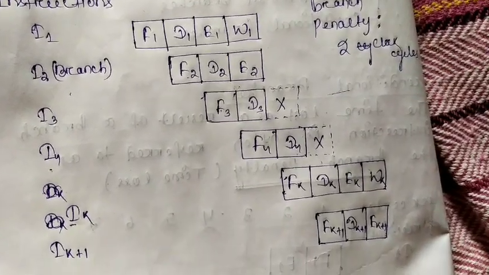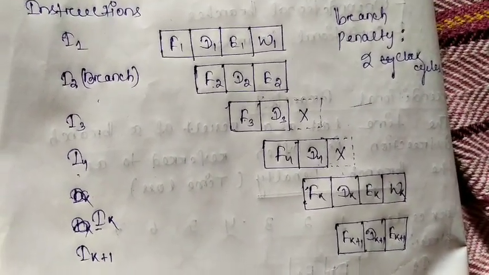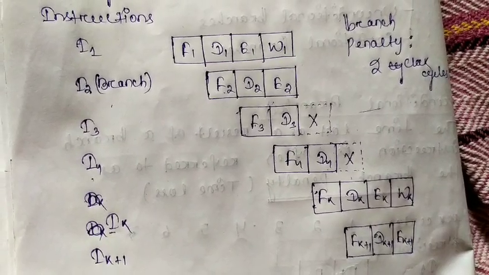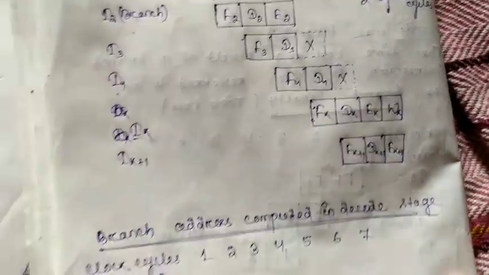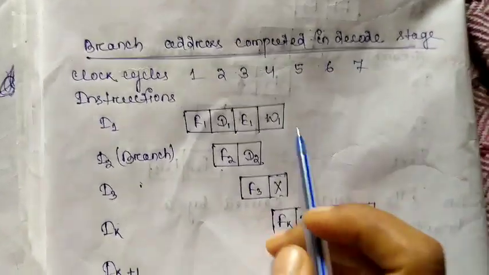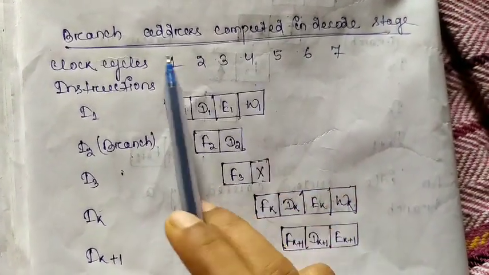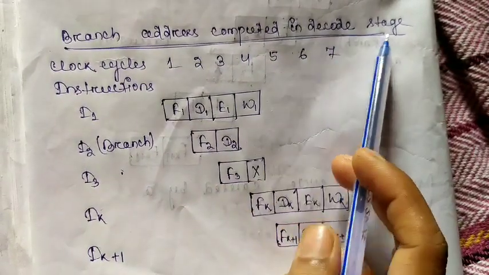Let's see another example so that you will better understand it. Branch address computed in the decode stage.